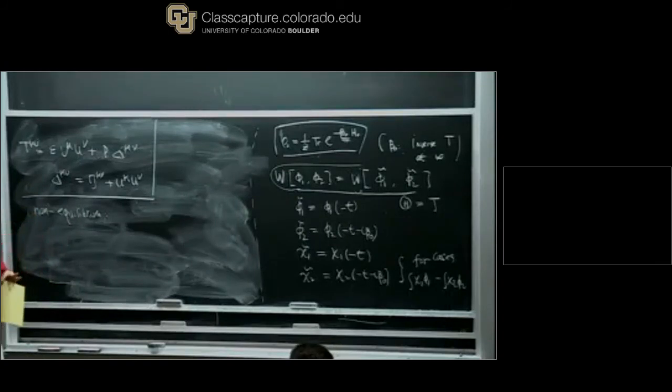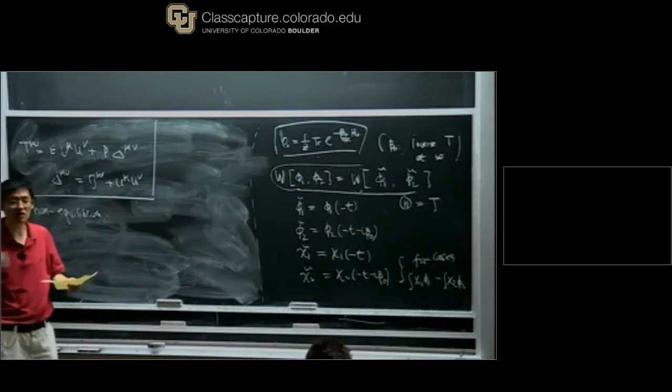Then locally, the stress tensor should still be approximated by this form. But now you can introduce the local temperature and the local chemical potential.